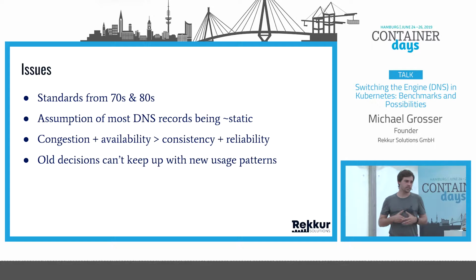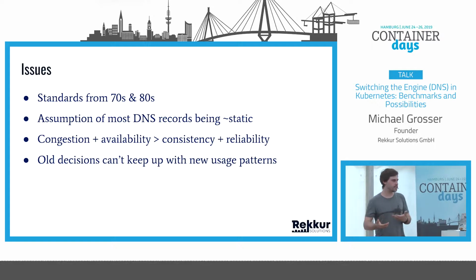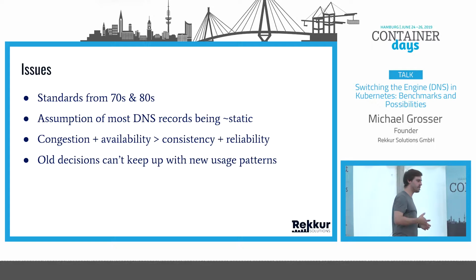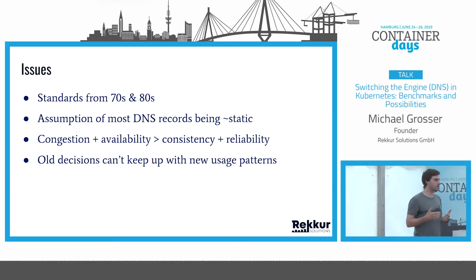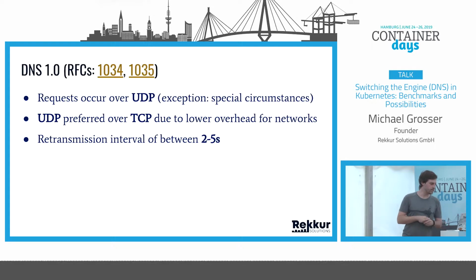So the old decisions can't keep up with the usage patterns right now. Using DNS as a load balancing mechanism, basically having TTLs of below 5 seconds, is just not workable in that specific legacy idea space.